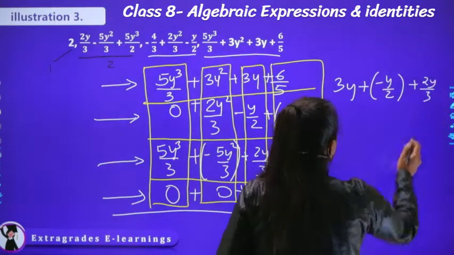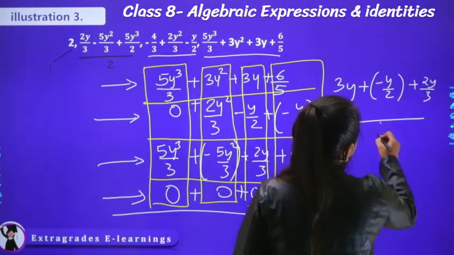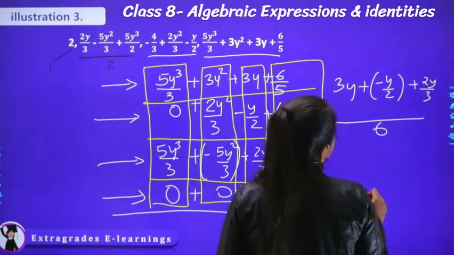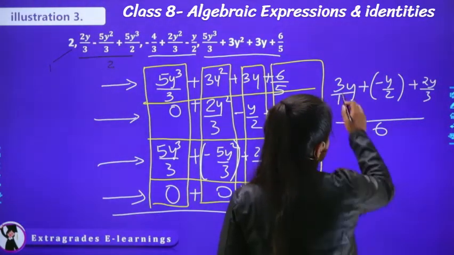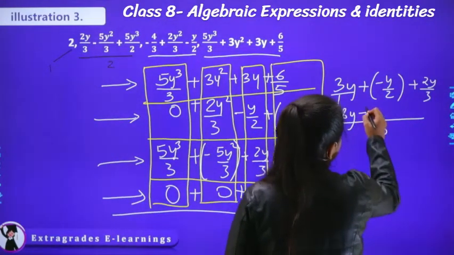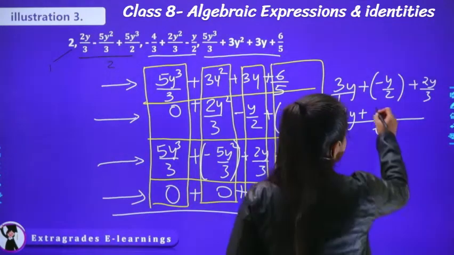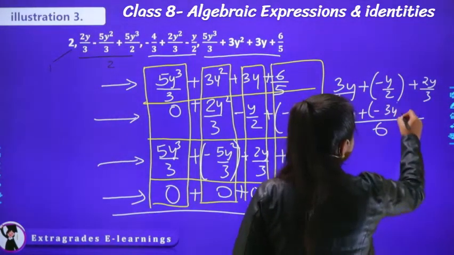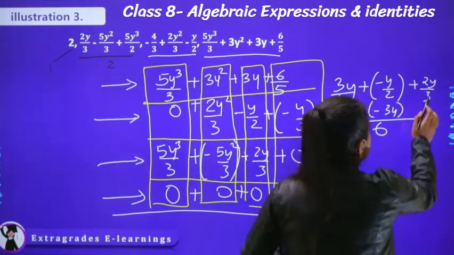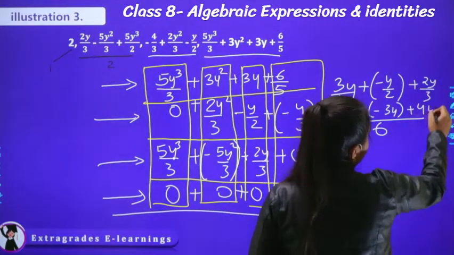And then at last we have 0, so no need of adding 0. The LCM will be 6. 6 3s are 18y plus, we have 2 3s are 6, minus 3y. Then we have 3 2s are 6, then 2 2s are 4, plus 4y.